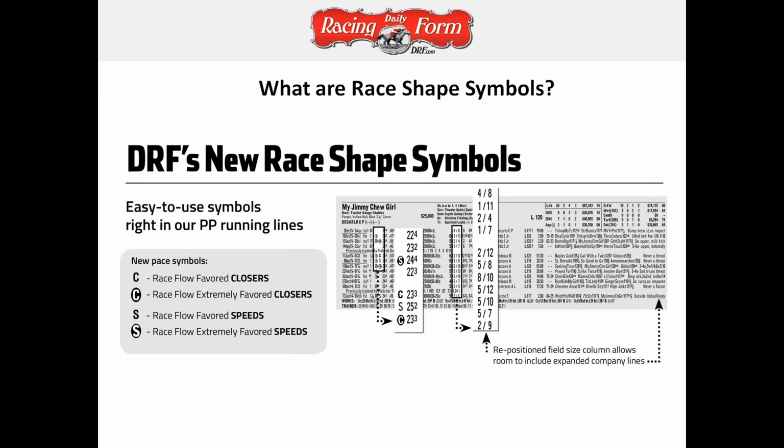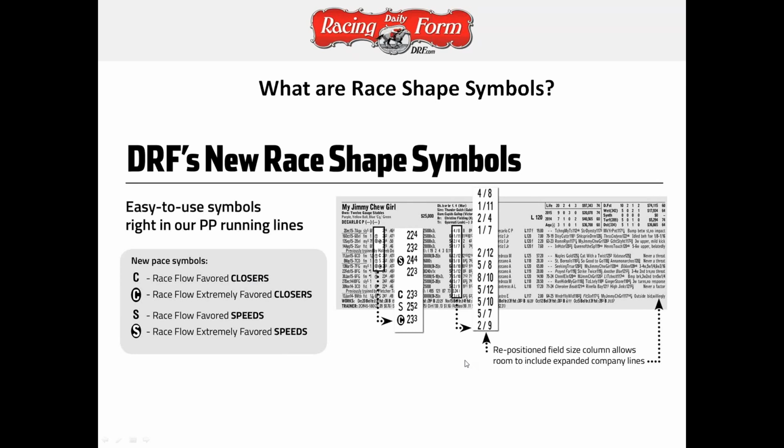So you flag it prior to the race, and then after the race you look at the chart to see if indeed it did match that early race expectation, and if so, that's when it gets the C, or the C with the circle, where it favored closers or extremely favored closers. Do I have it correctly?